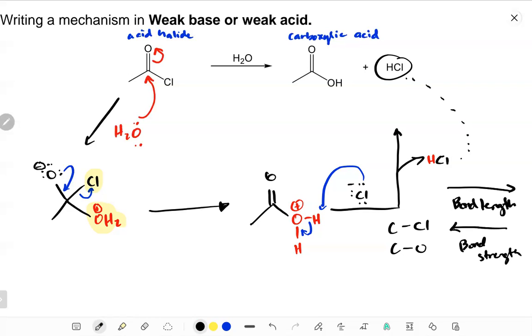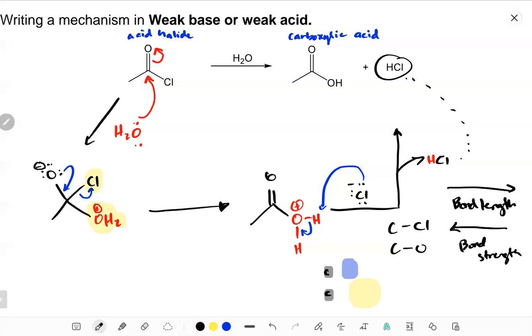And why is that? If we are going to depict these atoms in an orbital description, for example, I have this as carbon, and I have this as oxygen, and I have here chlorine, which is a bigger atom than oxygen.